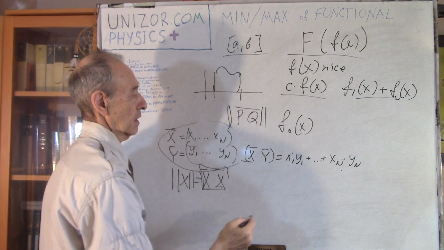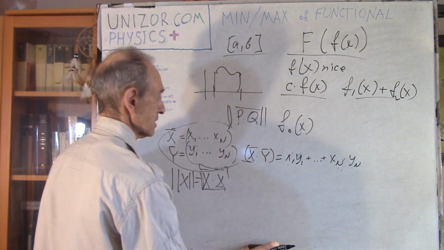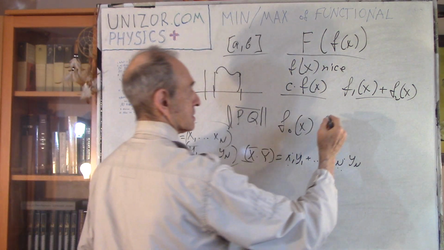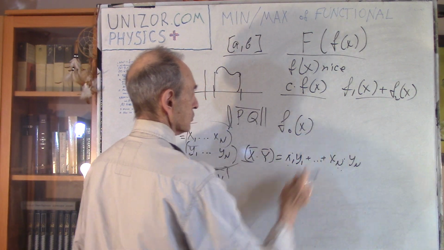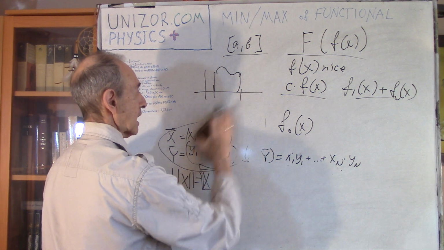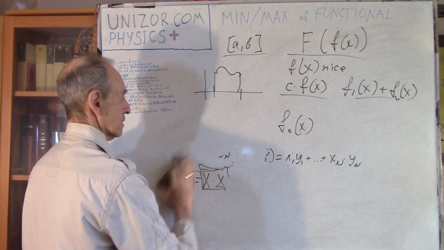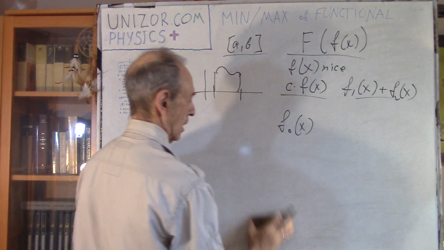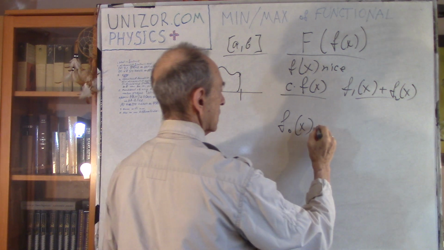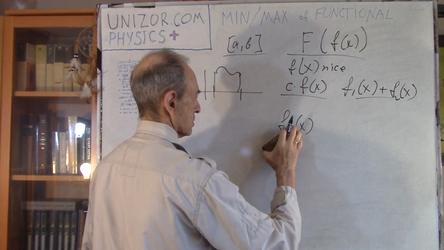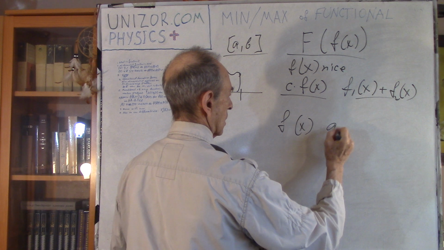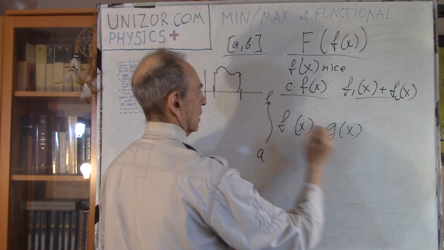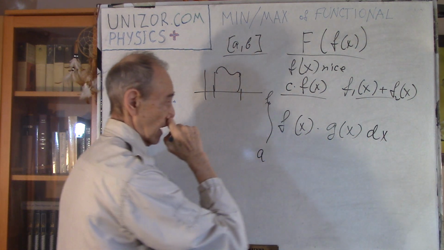Now here we also need something similar, and I suggest we introduce a scalar product of two different functions, and from the scalar product we will define the distance or magnitude of a function. So what can be a scalar product of two different functions? If you have f and g, we can always have the integral of f times g dx.